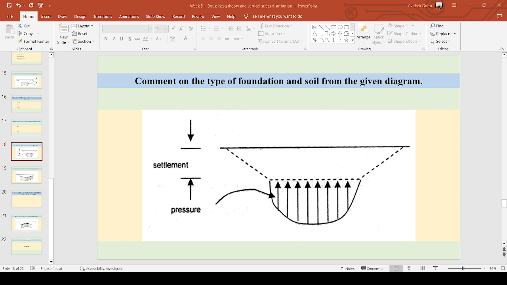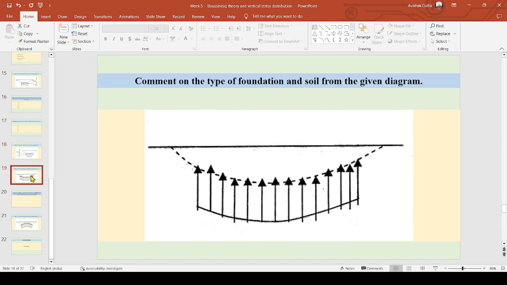As I mentioned before, the pressure distribution here is non-uniform. I'll go to the next question.